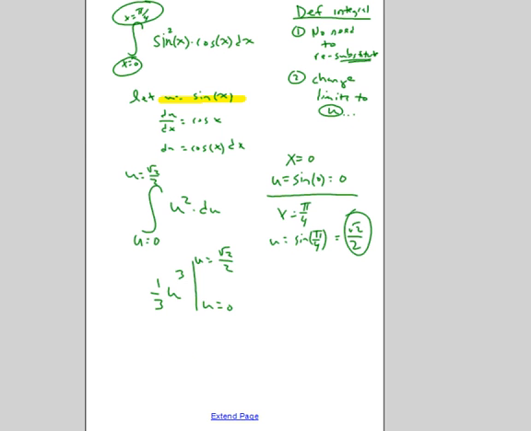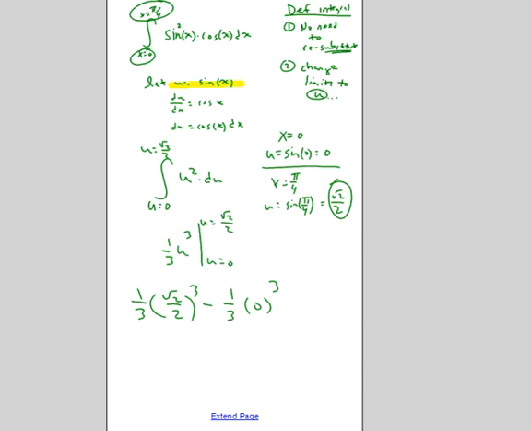So doing that work, we have 1/3 times root 2 over 2 cubed minus 1/3 0 cubed. And to simplify this even further, we get 1/3 times 2 to the 3/2 over 8. And while I can simplify that further, let's just leave it like that for now.